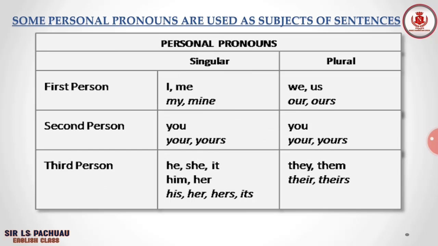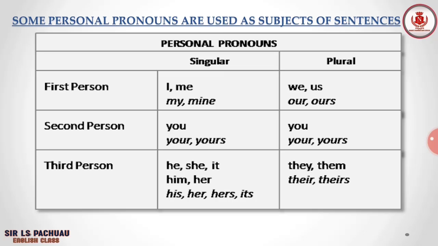So, here, personal pronouns. I think you have already learned pronouns with Miss Belinda, so you still remember them. The first person singular is I, me, my, mine, and first person plural are we, us, our, ours. Second person singular is you, your, yours, and second person plural is you, your, yours.